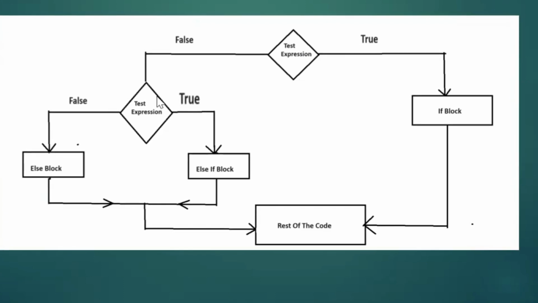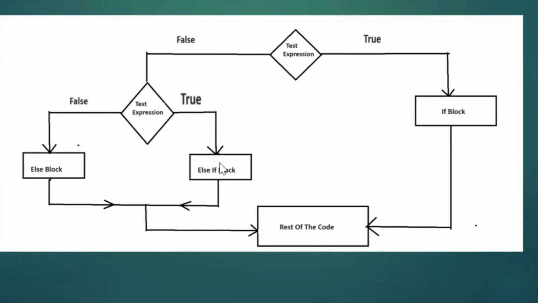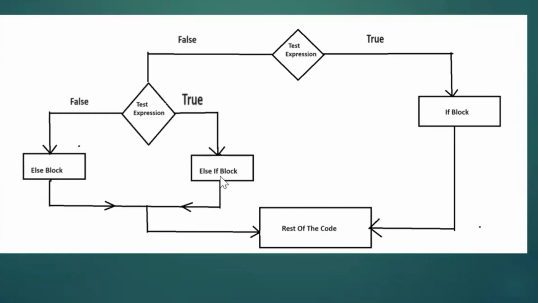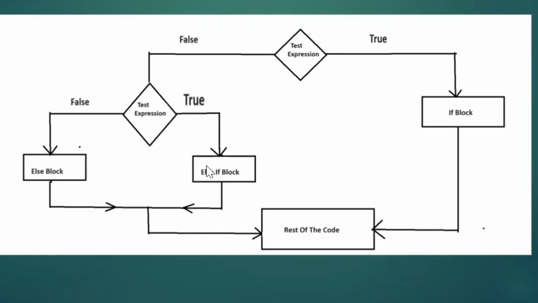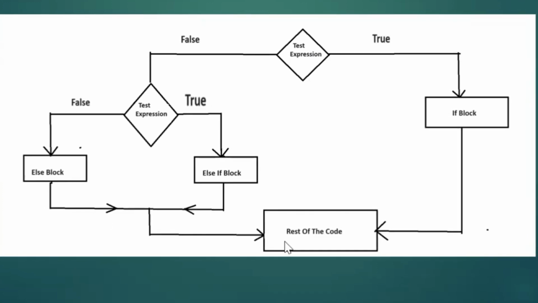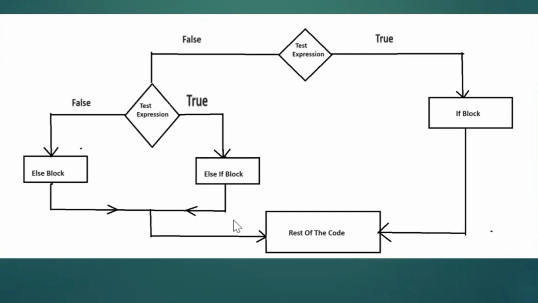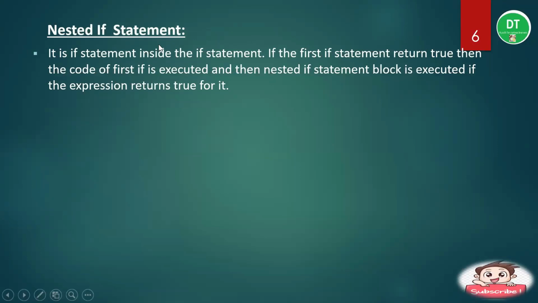And if the else if returns true, then it will go inside the else if block and it will execute the code present in the else if block. If the condition returns false, then it will go into the else block and it will not go into the else if block. And from the else block, it will come to the rest of the code. Similarly, if it goes into the else if block, after executing the else if block, it will come to the rest of the code.